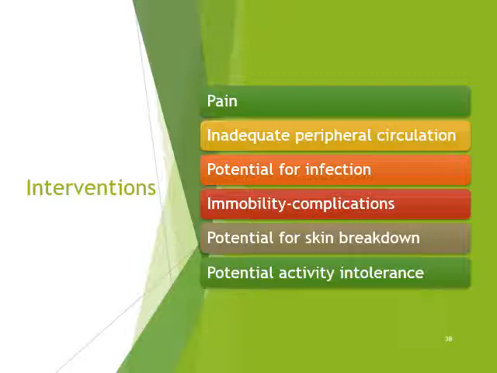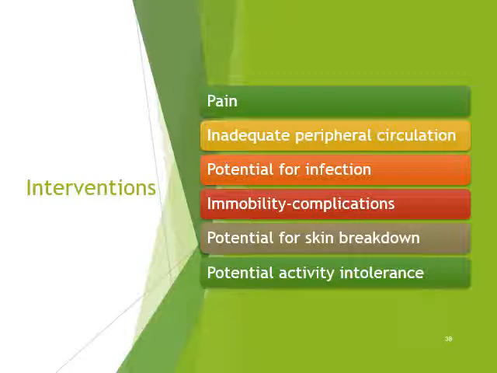So we need to do frequent neurovascular checks and determine whether circulation is adequate and detect signs of pressure on the nerves. So we want to constantly be checking pulses, circulation, warmth, coolness, cap refill, anything involved with the circulation.